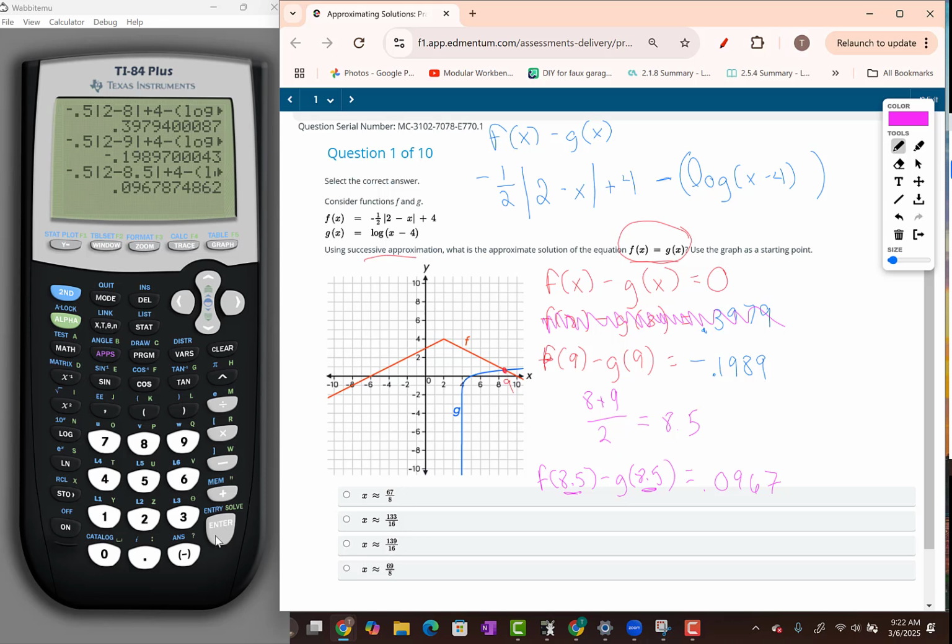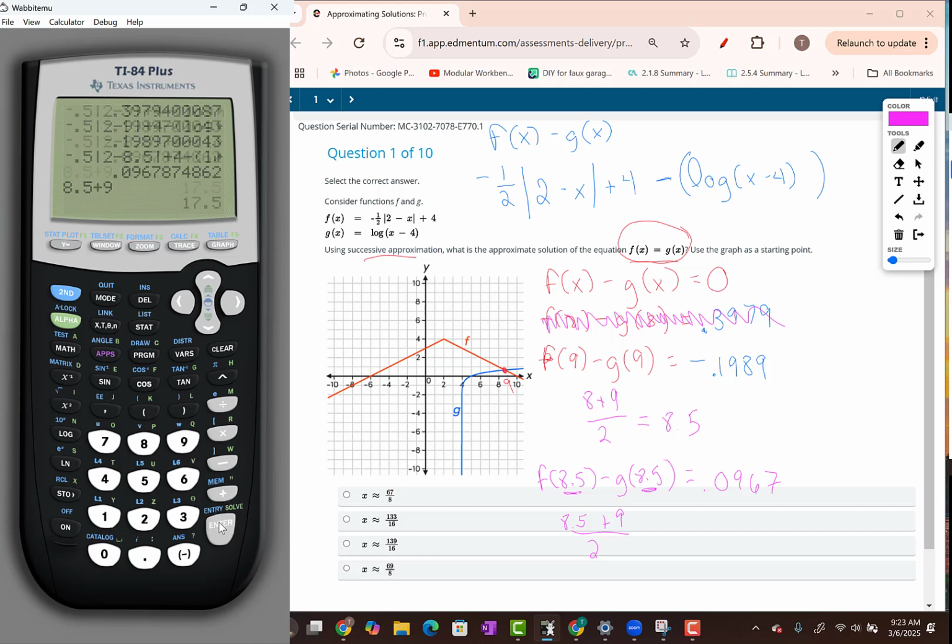You can visually tell that. So we're going to find the average of 8.5 and 9, because we can kind of tell that answer is somewhere right in between those two numbers. So 8.5 plus 9 divided by 2 gives us 8.75.